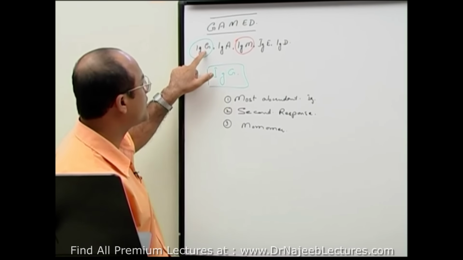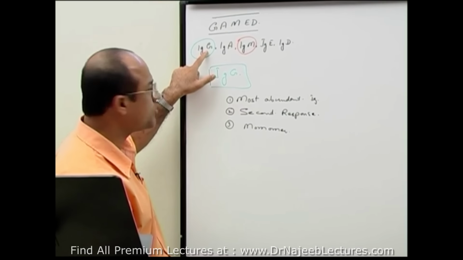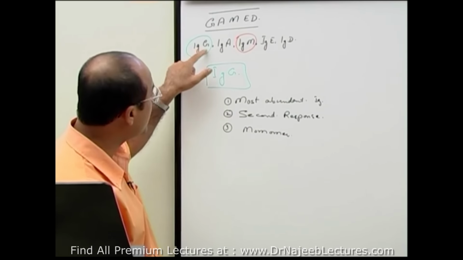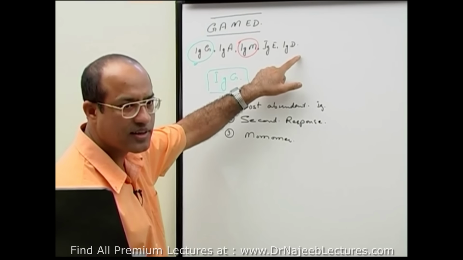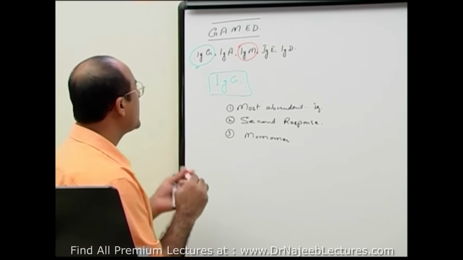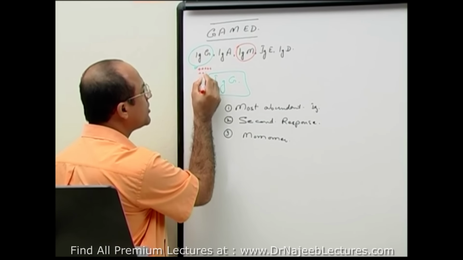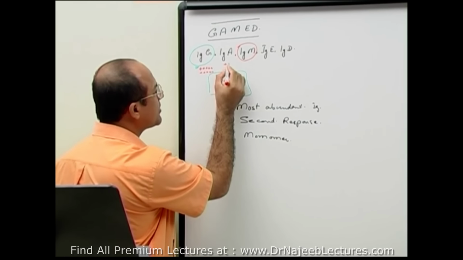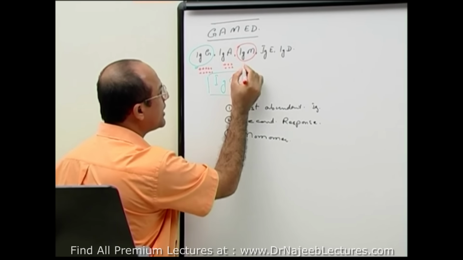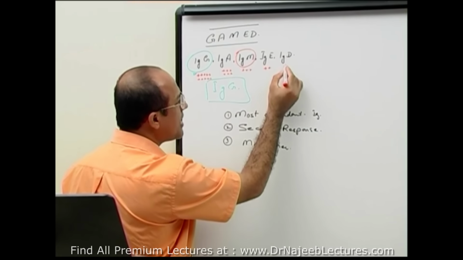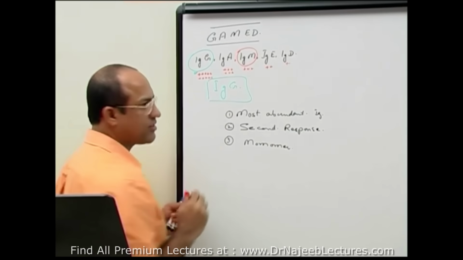Again, the concentration of antibody in the blood decreases according to the sequence of alphabets in GAMED. IgG has the highest concentration of antibody, IgA has less than that, IgM is more or less, IgE is very less, and IgD is in traces.